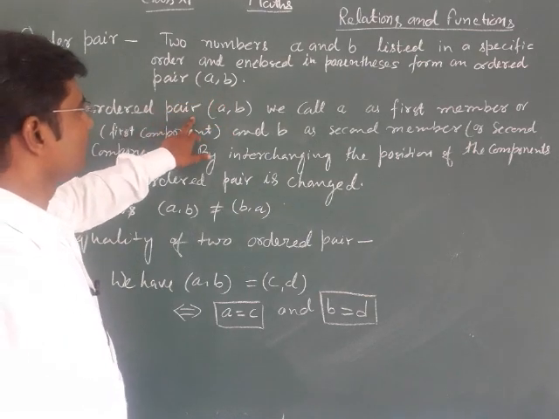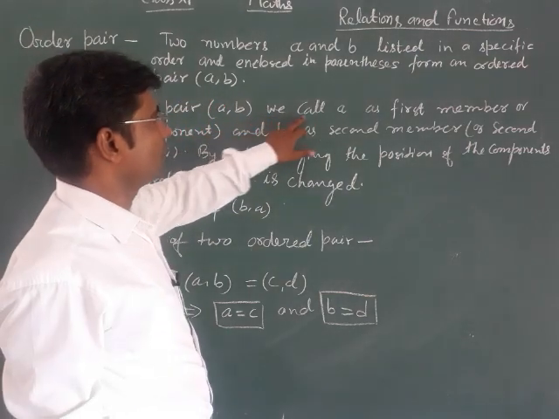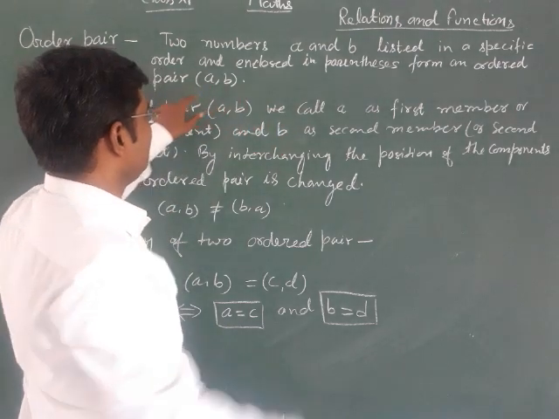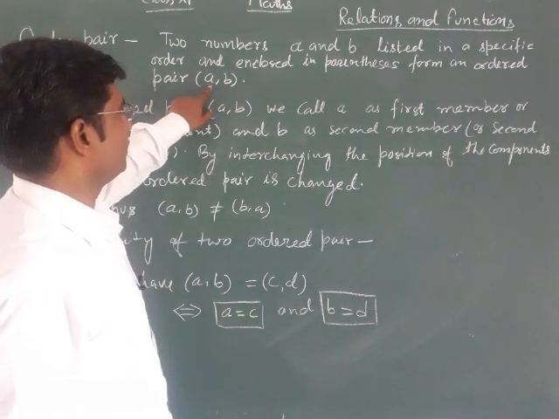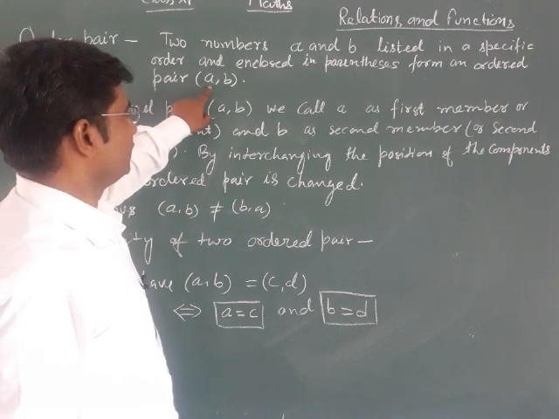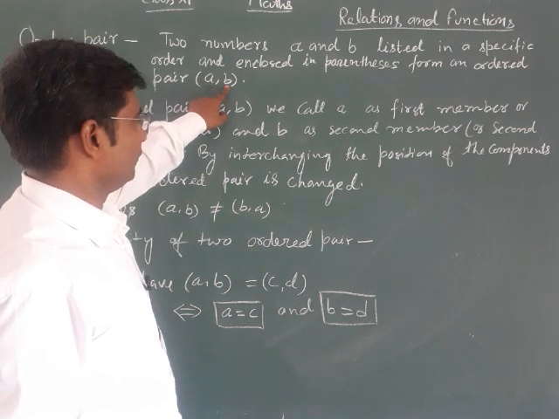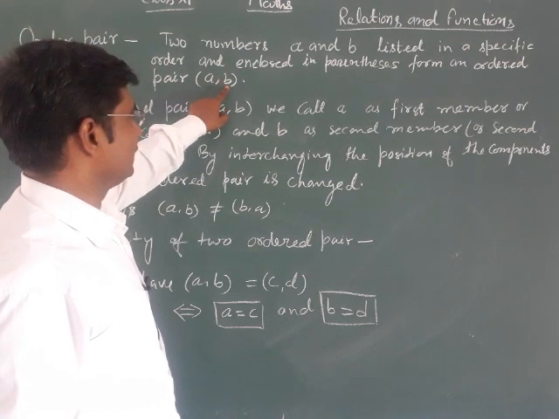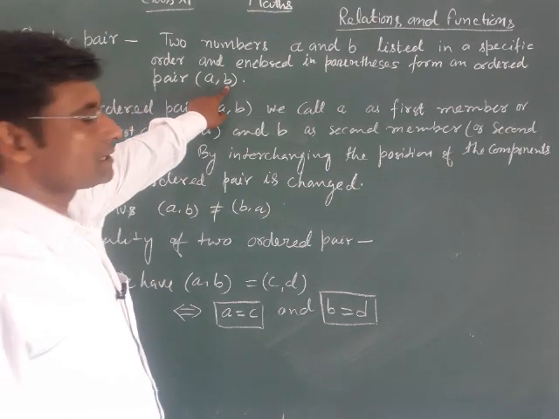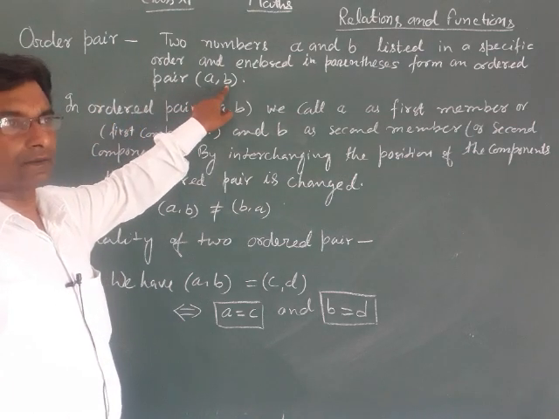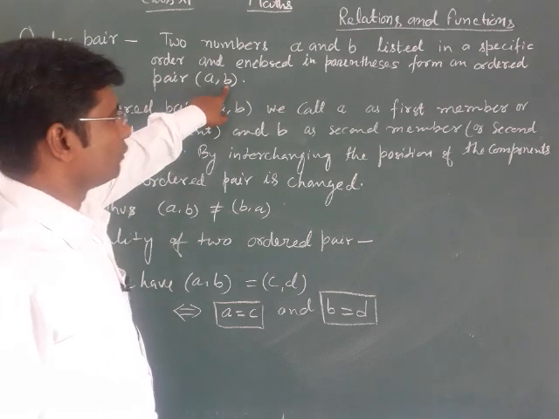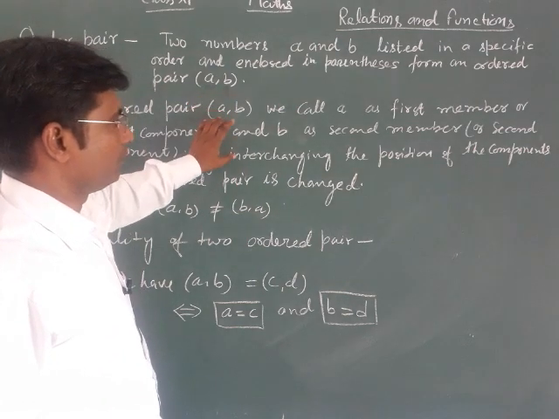In the ordered pair (A, B), we call A the first member or first component of the ordered pair. In the same way, B is the second member or second component of the ordered pair.